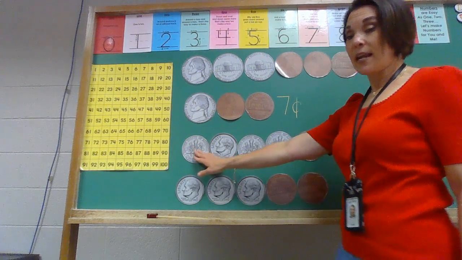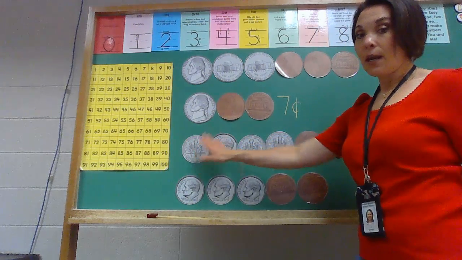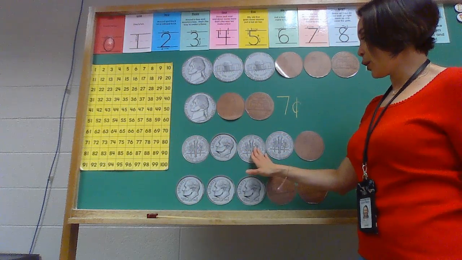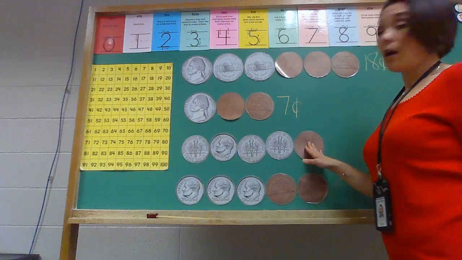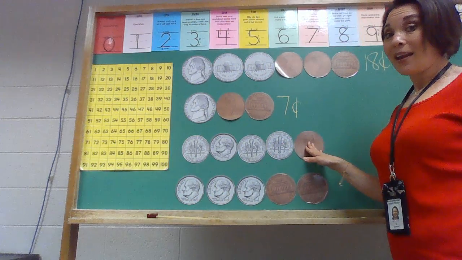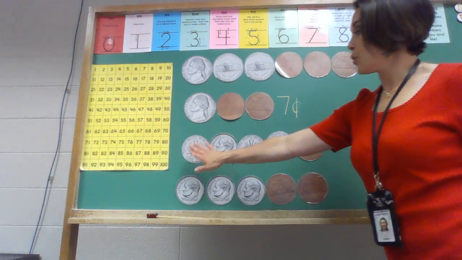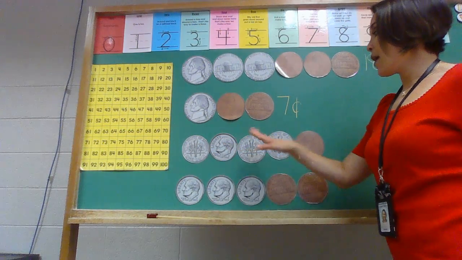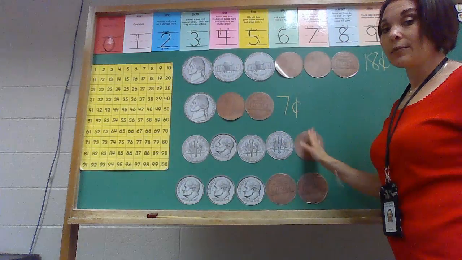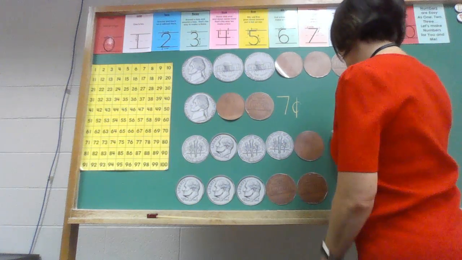Now I'm going to be changing over for some dimes. Ready? 10, 20, 30, 40. But now I change to a penny. So I can't say 50. I have to count by 1. So 10, 20, 30, 40, 41.